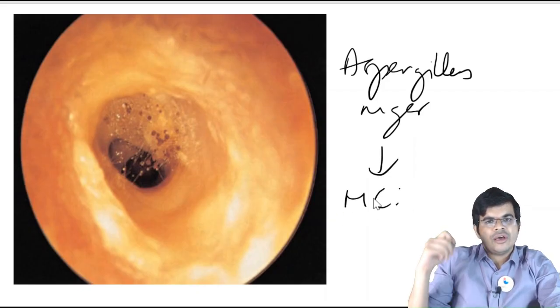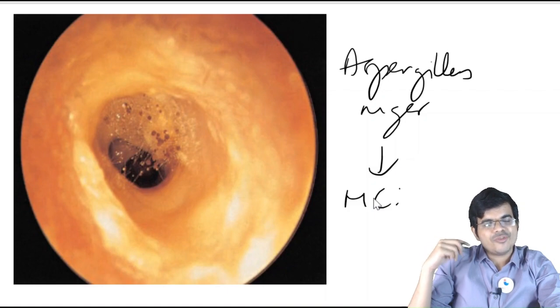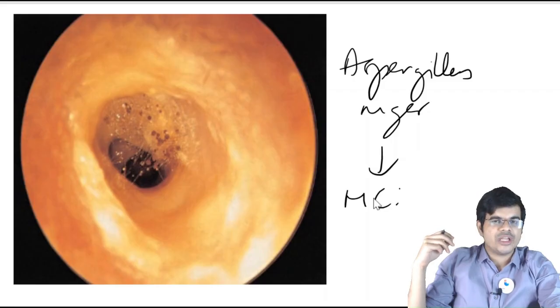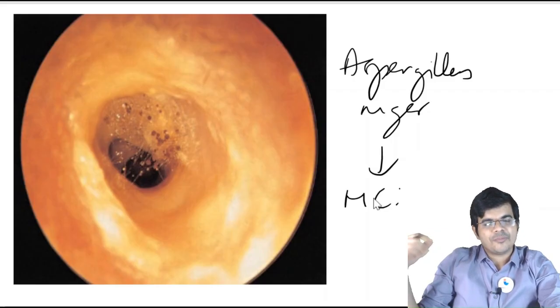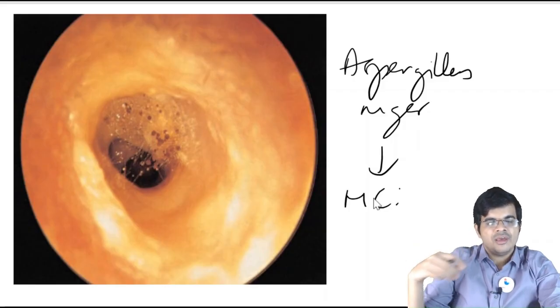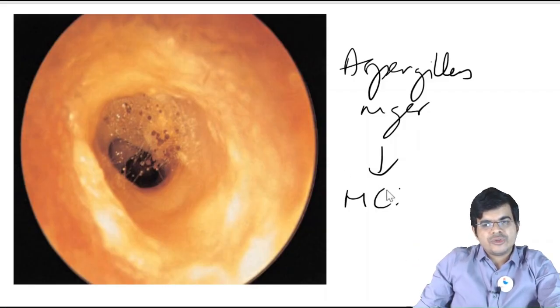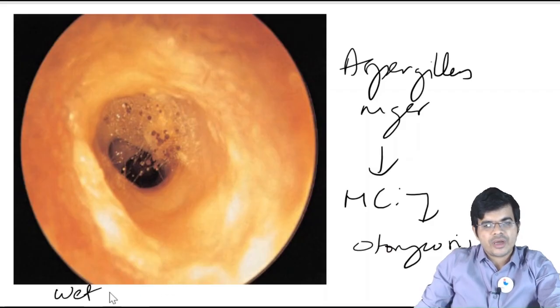Now, how will a patient with otomycosis present to you? The patient will be having severe itching of the ear. Okay, more than pain, it will be the itching. Okay, pain will be there, and pain is usually caused when the patient is trying to itch the ear. Okay, with some feather or something. Okay, and so Aspergillus niger is the most common cause of otomycosis, and it causes the typical wet newspaper appearance.